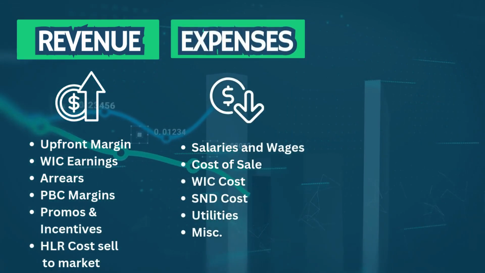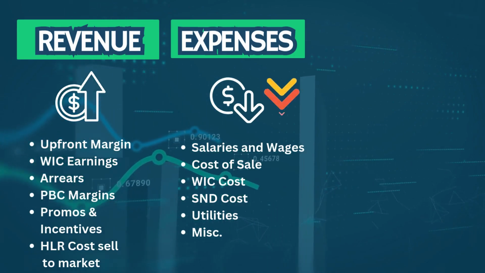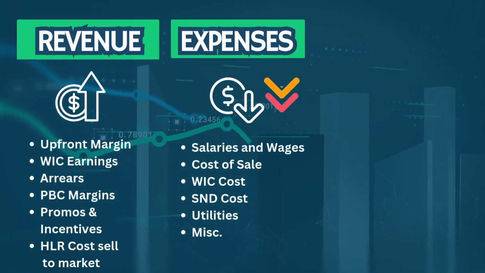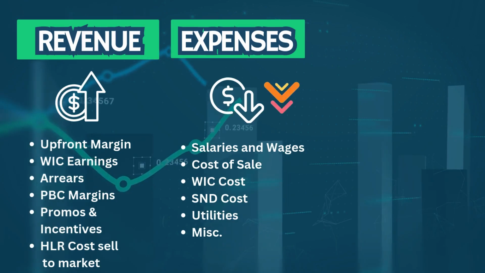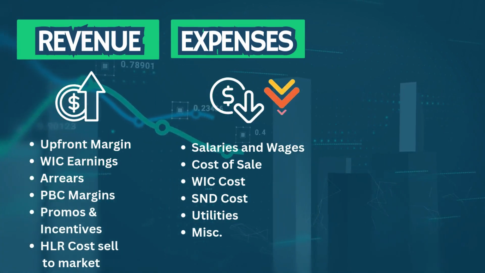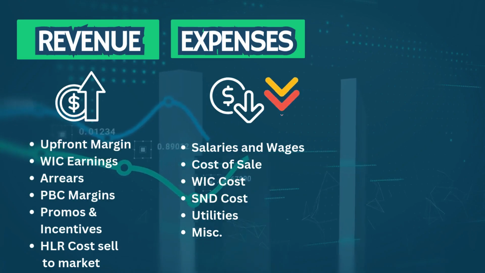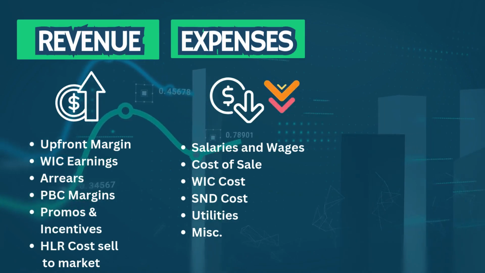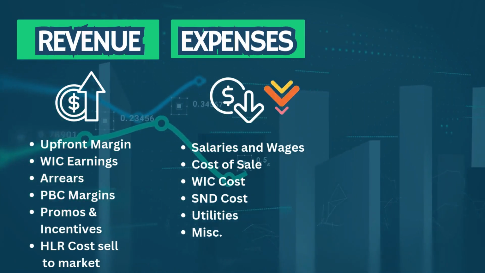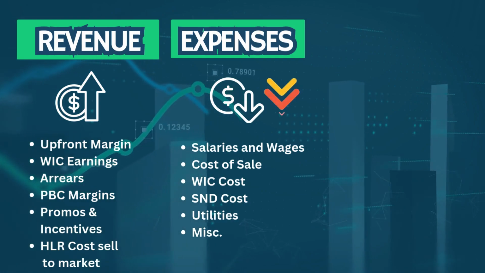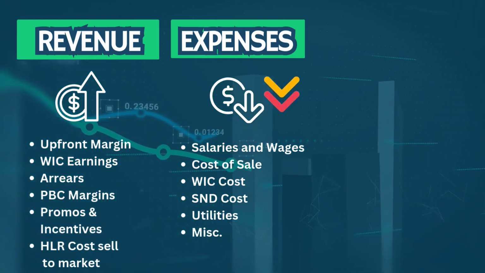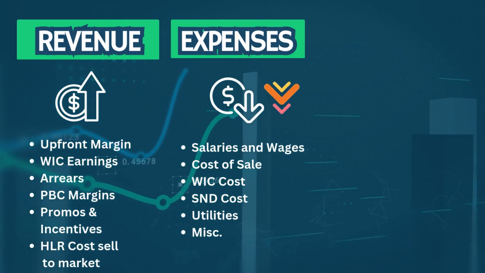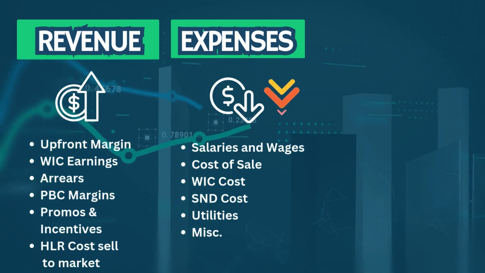The next component of the ROI formula is expenses, and it's something which diminishes or decreases our profits. First is salaries and wages, which is simply the payment to CS staff or to RSOs, DSOs, maybe security guards or S&D manager. Then cost of sale is a major cost which is incurred on SIM selling, like maybe some retail promo or some van expenses.